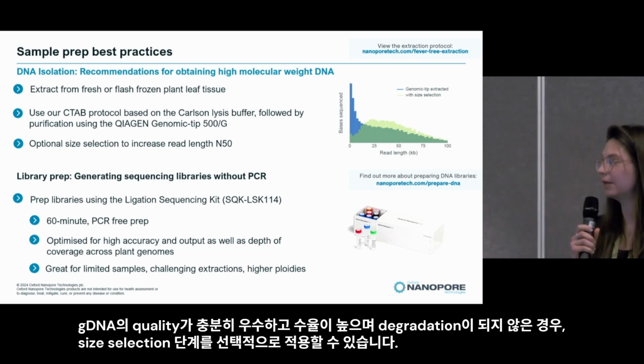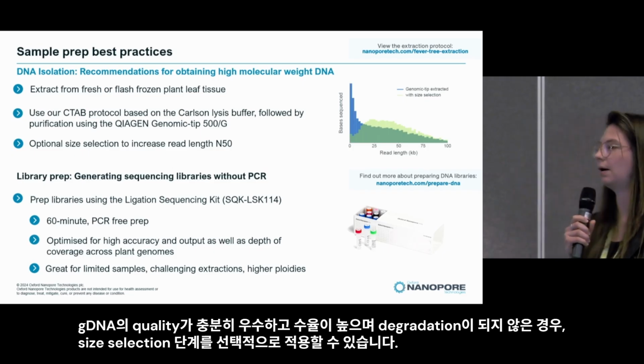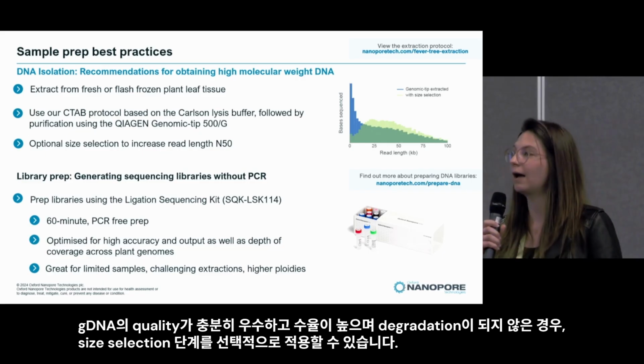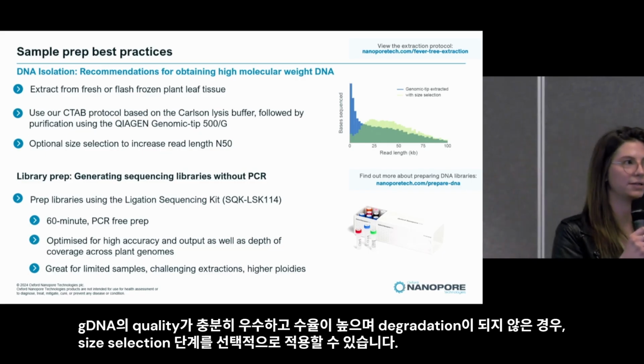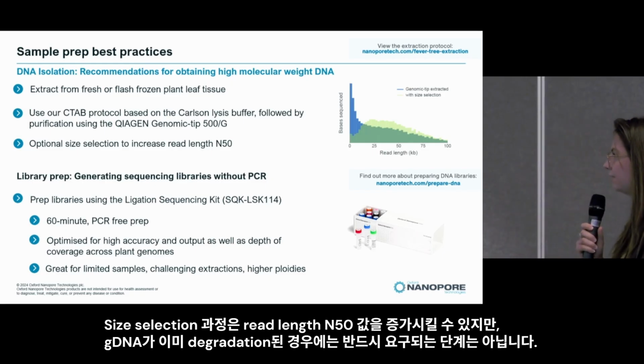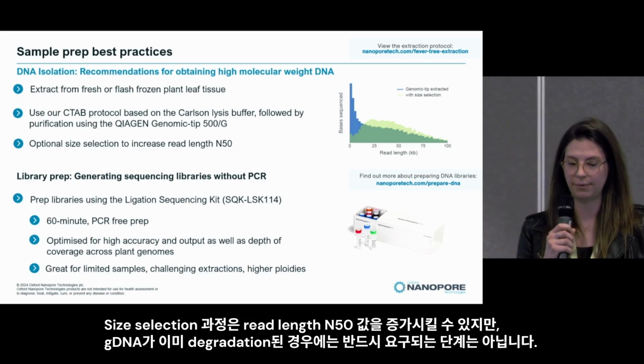So depending on the quality of your DNA, you may also include an optional size selection. If you have high yield and a very nice non-degraded sample, size selection can increase your read N50. But again, this is optional if you are dealing with a more degraded sample.